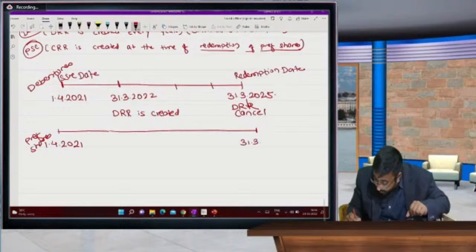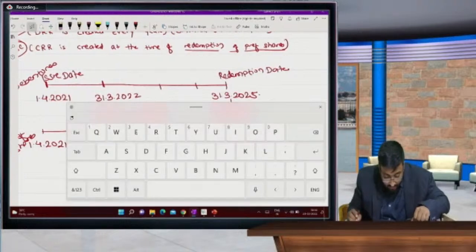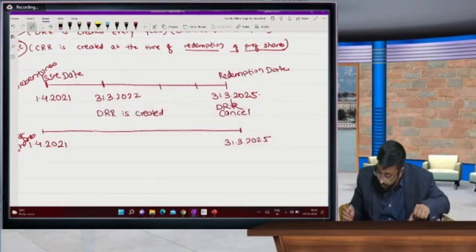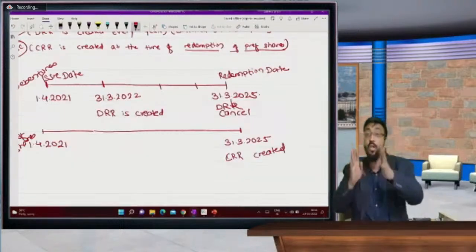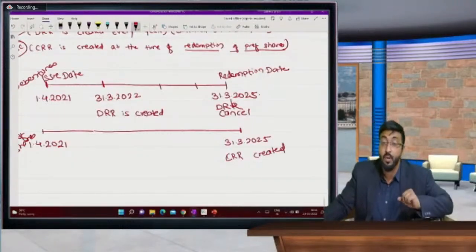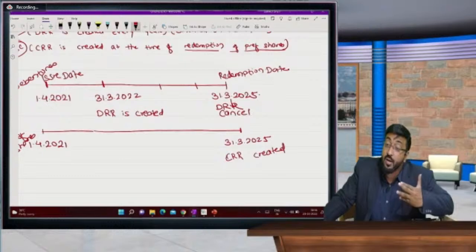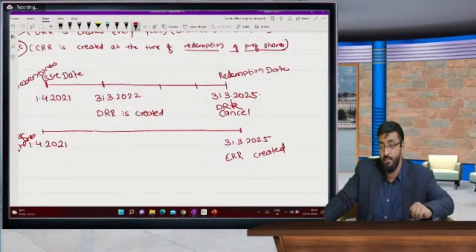And on this date, CRR is created. Sir, now we got the difference. So debenture redemption reserve is created at the end of the year from the date of issue.